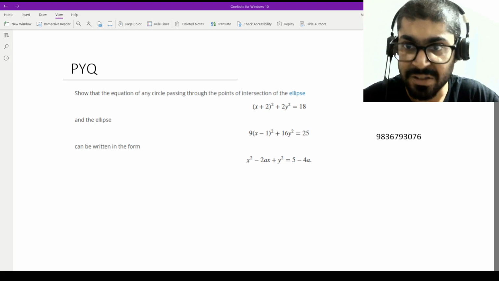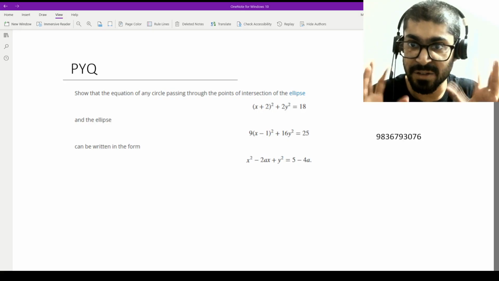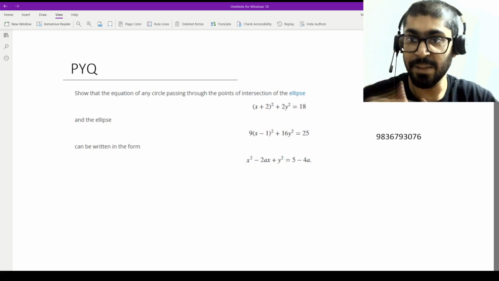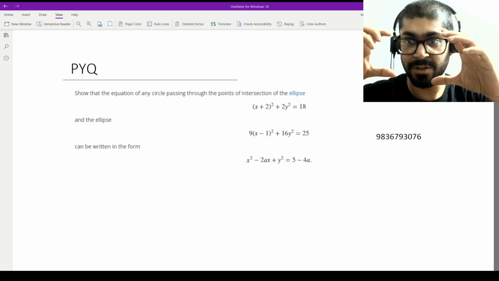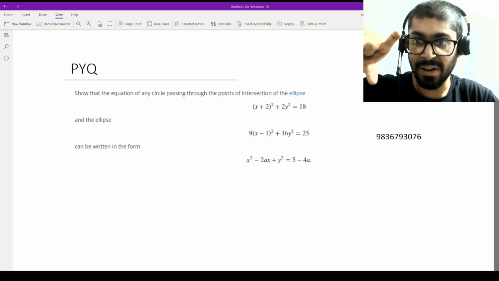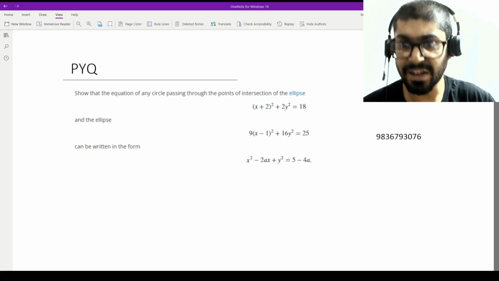So what is the question? Show that the equation of any circle passing through the point of intersection of the ellipse and the ellipse can be written in the form of something something. That means there is a squished ellipse and a larger ellipse. If two ellipses intersect, they will intersect at two different points. We have to pass the circle through those two intersection points. Now, these could intersect in any way.